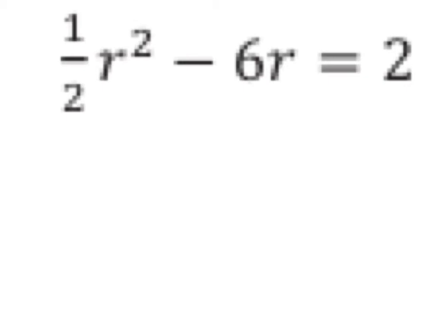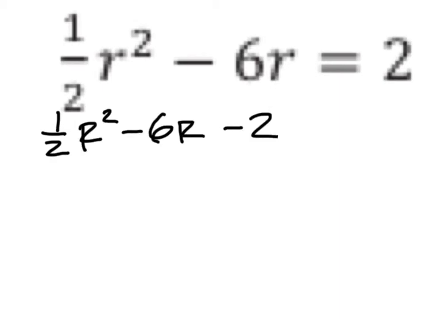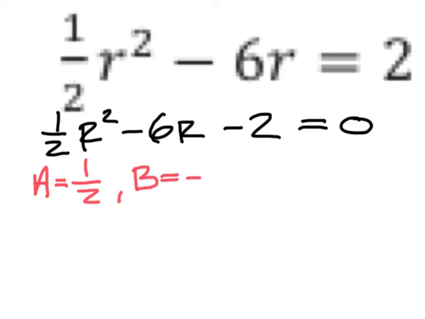So we really come out with this: 1/2 r squared minus 6r minus 2 equals 0. What is A? A is a half. What is B? Negative 6. And what is C? Negative 2.